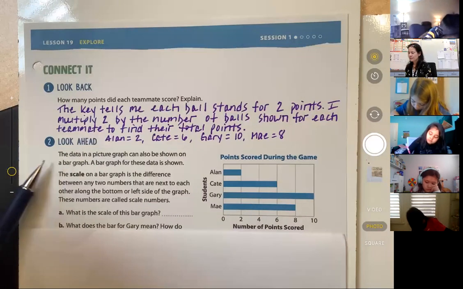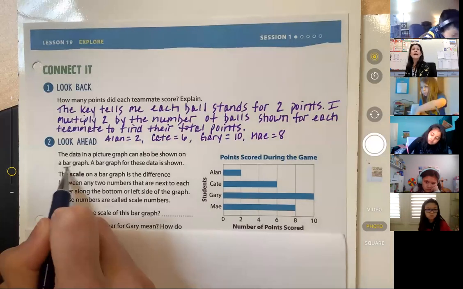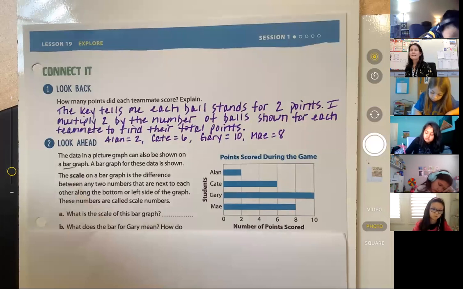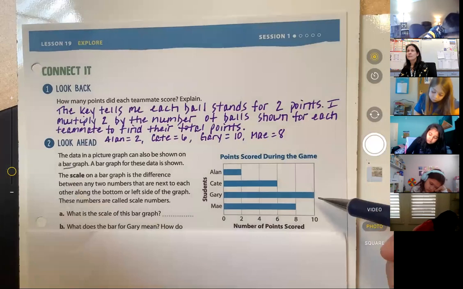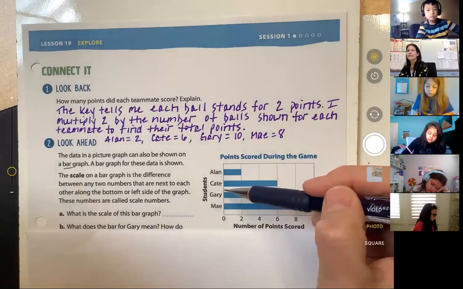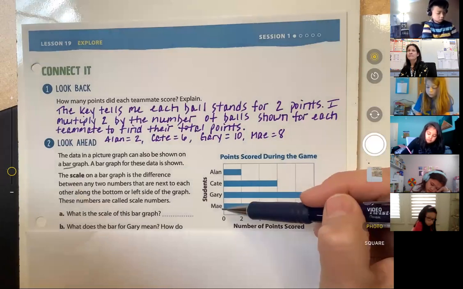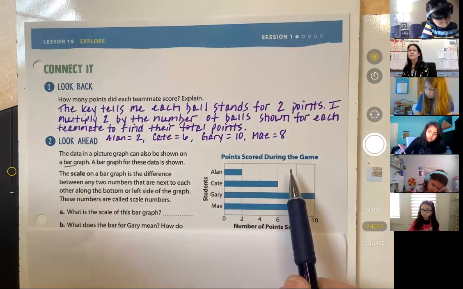A bar graph. We'll underline that. A bar graph for these data is shown. And take a look here, friends. We have the same teammates, Alan, Kate, Gary, and May, right? And we're representing points scored during the game.